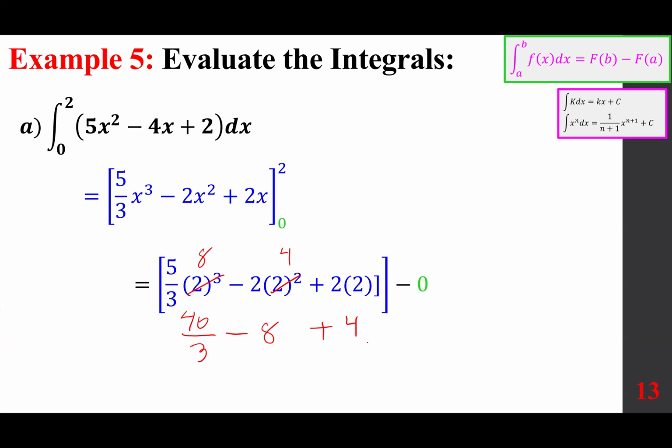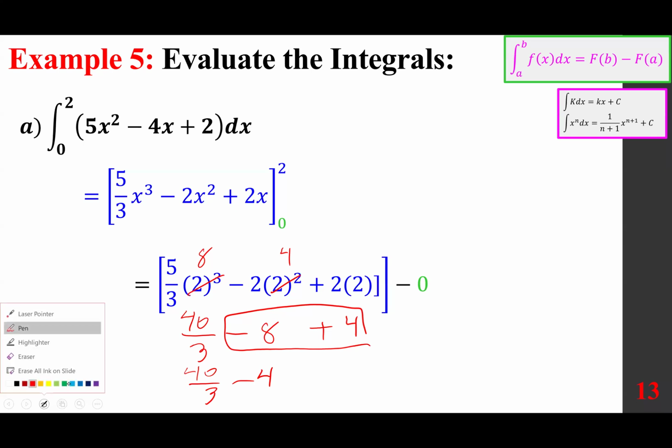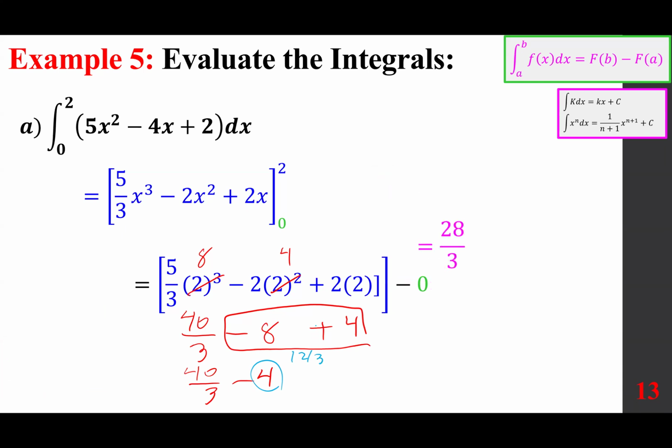So this is 40 thirds minus 4. And 4 is what? 12 thirds. 40 minus 12, 28 thirds. That's the final answer. So pretty straightforward class.